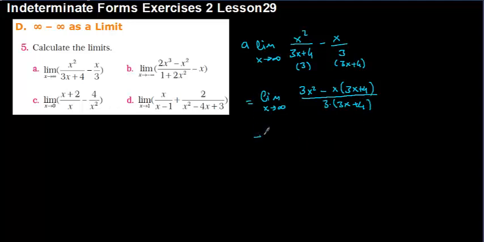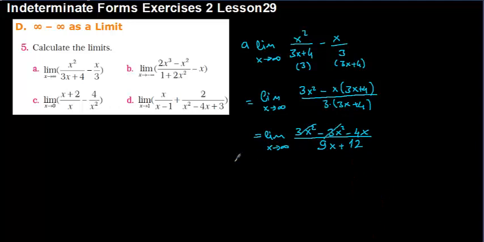Okay, then this is equal to limit x tends to infinity, 3x squared minus 3x squared minus 4x it must be, and down, what is written here, 3 times 3x is equal to 9x plus 12 it's going to be.